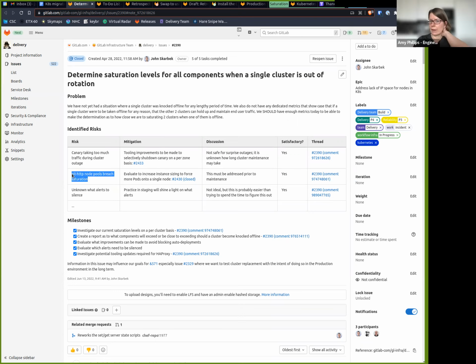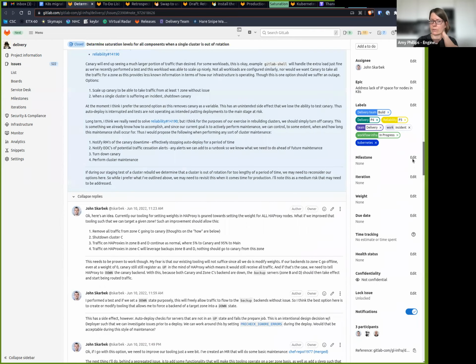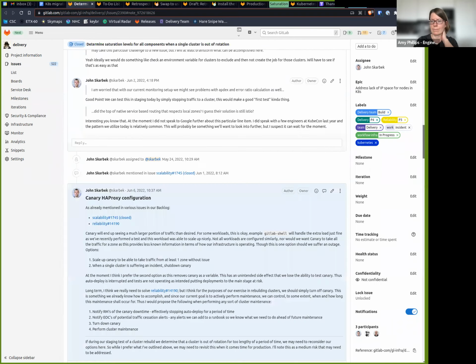Will we additionally have other alerts that potentially fire due to the fact that we'll expect increased traffic on the other clusters as well? No, we should not.